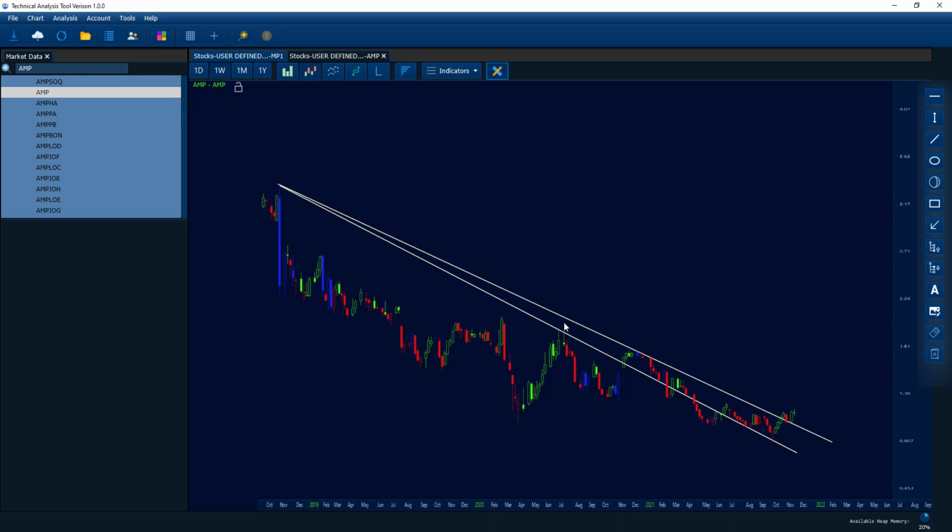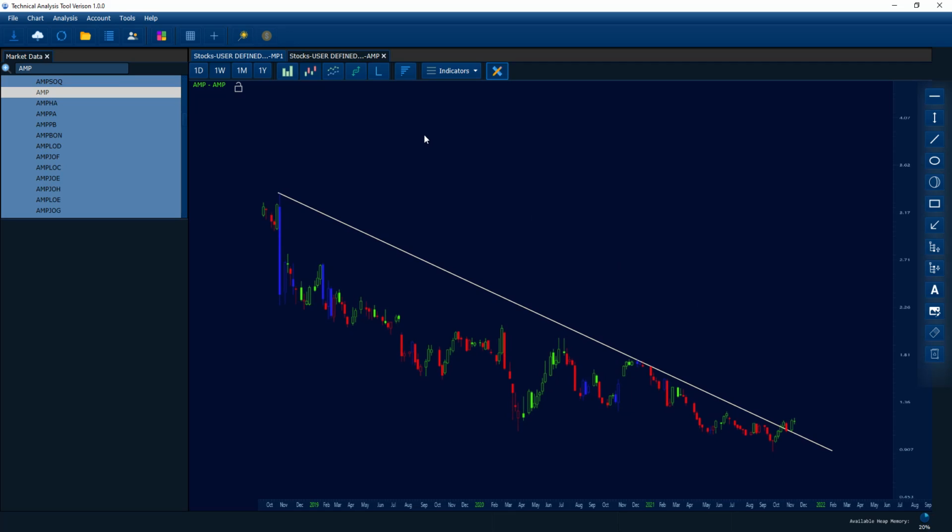You're trying to connect as many peaks or troughs as you can to generate a relatively correct trend line. Like this one, if you draw it in this way, as you can see here, it doesn't really take any support for the price action right here. So obviously the first one I drew is more correct. Okay, so that's the trend line.